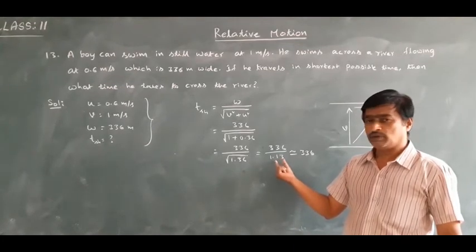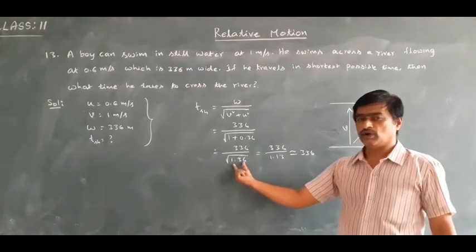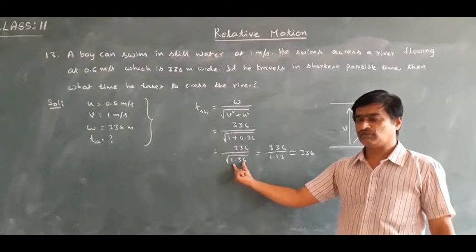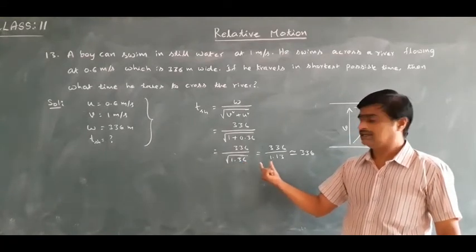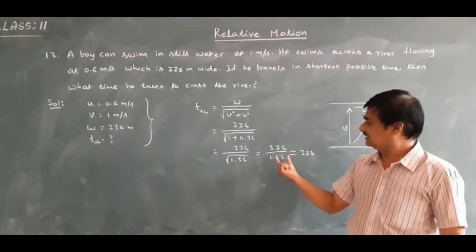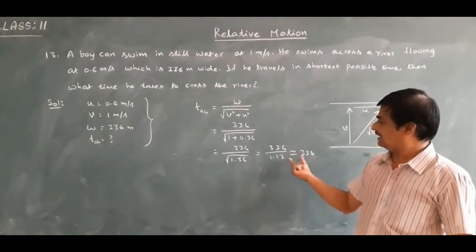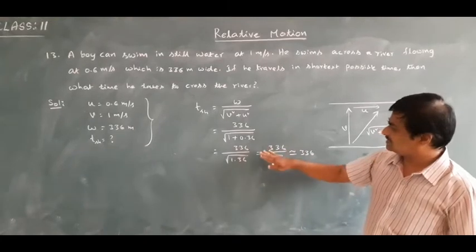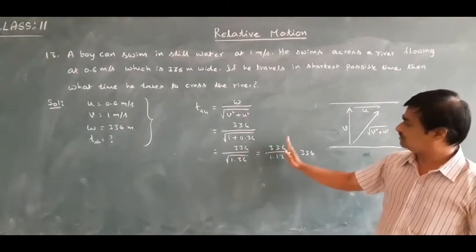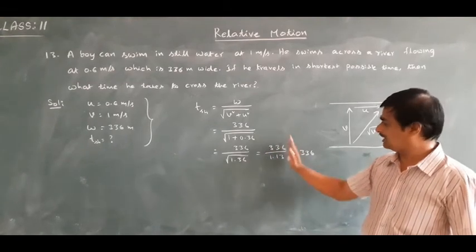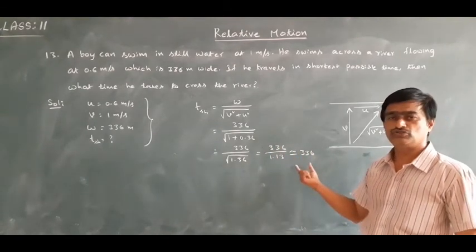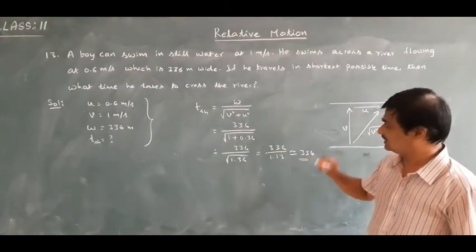That is, 11 squared is 121, and 12 is closer to this one. That's why we get this, and it is closer to this. At this stage, we start the answer and we go for the options. Depending on the options, we have to choose an answer. Here it is 336.